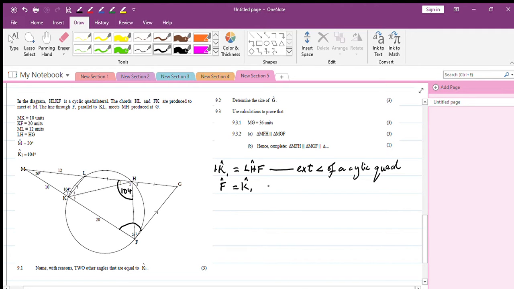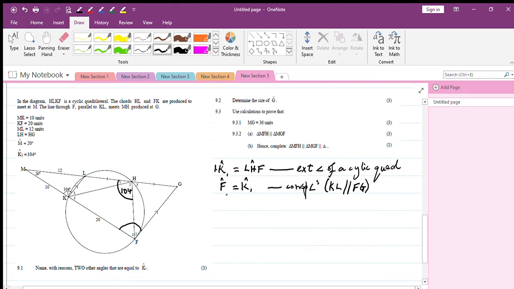The reason: corresponding angles. Why do we have corresponding angles equal? Because line KL is parallel to line FG. So we've got two angles that are equal to K1.